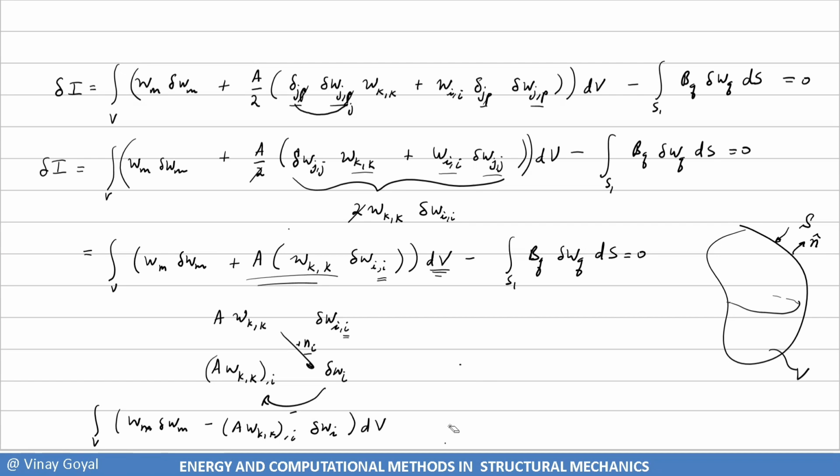And I have the boundary term, which is here. You can see it there. And that's plus AWK comma K and I positive.